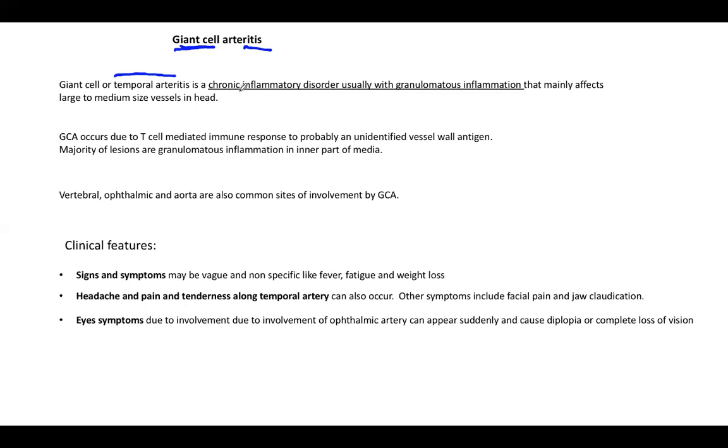So what is the definition of this condition? It's a chronic inflammatory disorder, usually with granulomatous inflammation that mainly affects large to medium size vessels in the head. So it's a chronic inflammatory disorder with granuloma formation that affects vessels of the head.